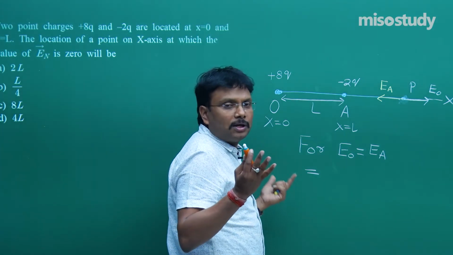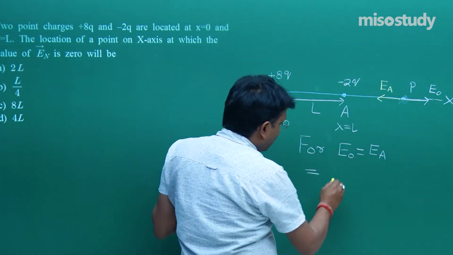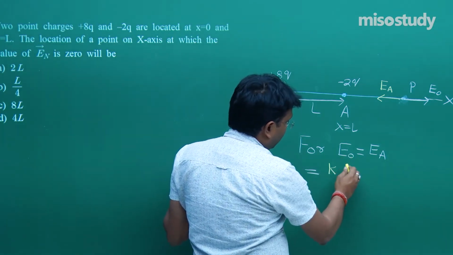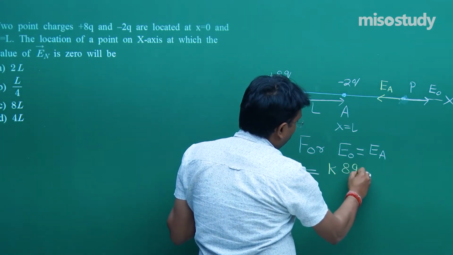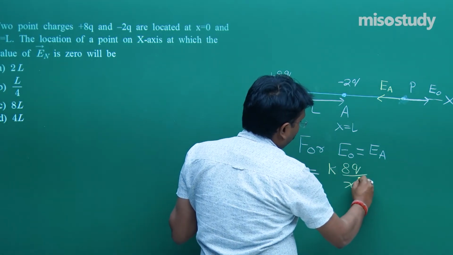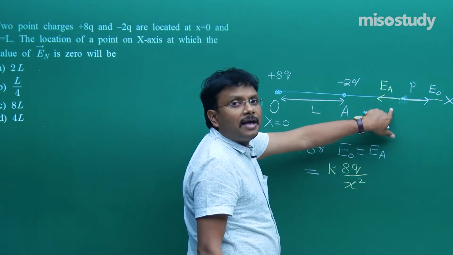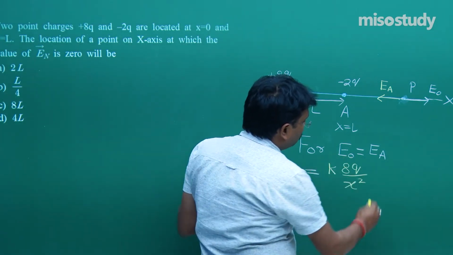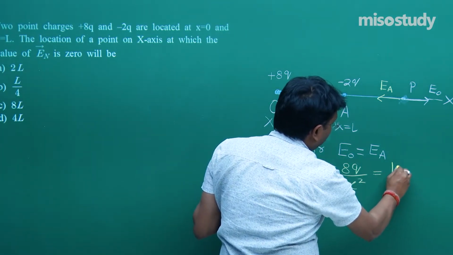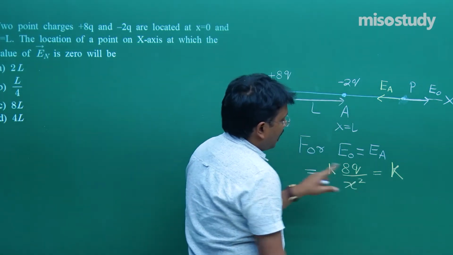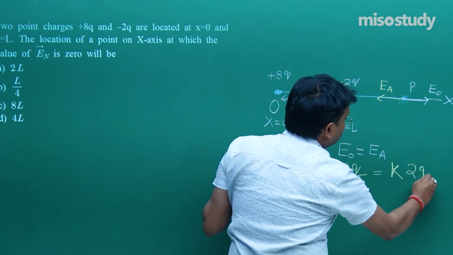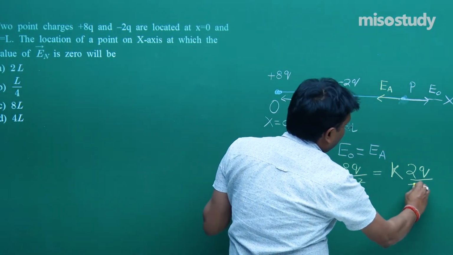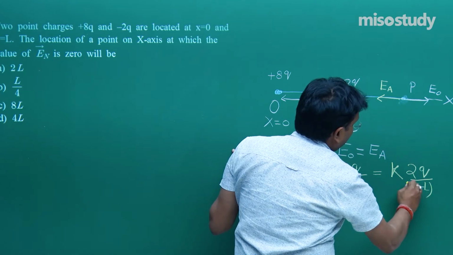That is K into 8q over x square. This distance is, let us say, x. Fine. And then EA is going to be again K and then 2q upon this distance of x minus L whole square.